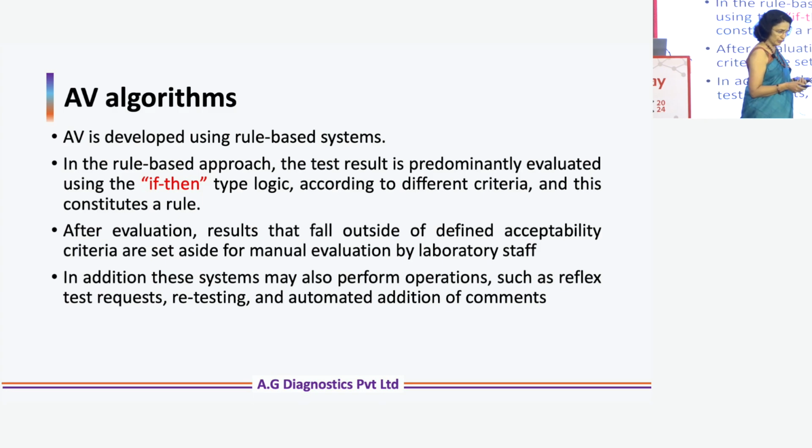Now, in addition, these systems may also perform operations such as reflex test request, retesting, and automated addition of comments also. You know, we know that we are required to put in interpretations on the reports about the condition of the sample, or again suggest some further testing. So, all these also can be put in by an AV algorithm.